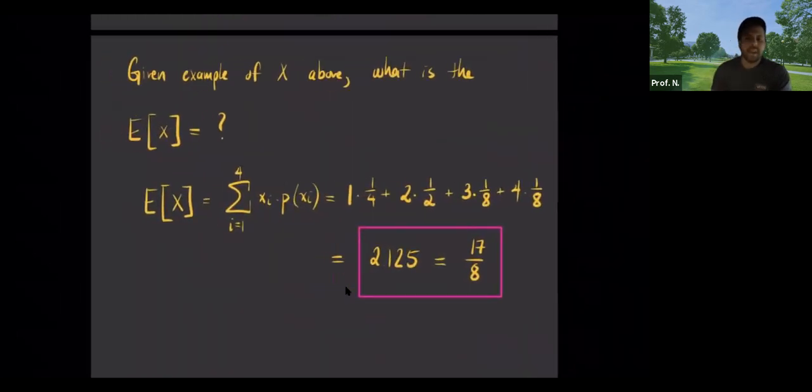So does that make sense of how to compute expectation, how to compute expected value? You're taking all the values of x that the random variable attains, and for every value, you're multiplying each of its probabilities and adding those up. And that would give you the expected value.